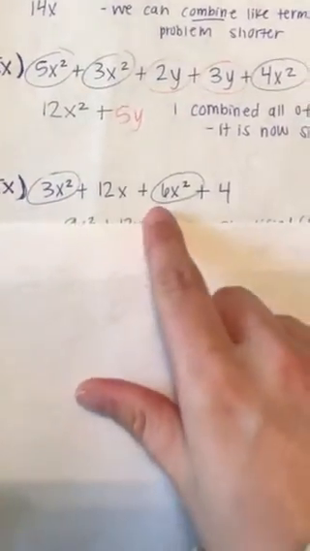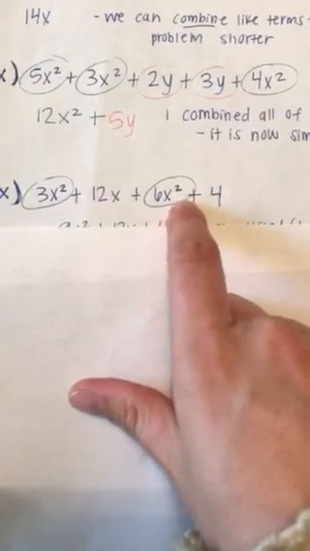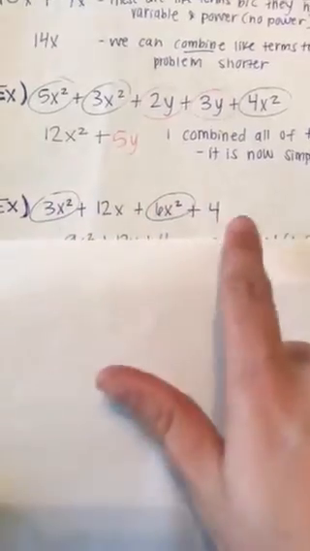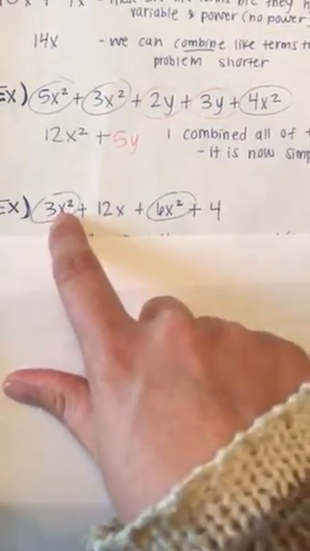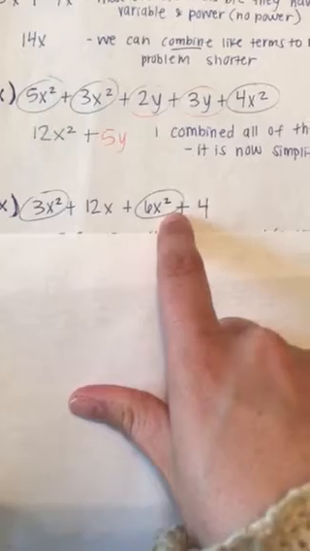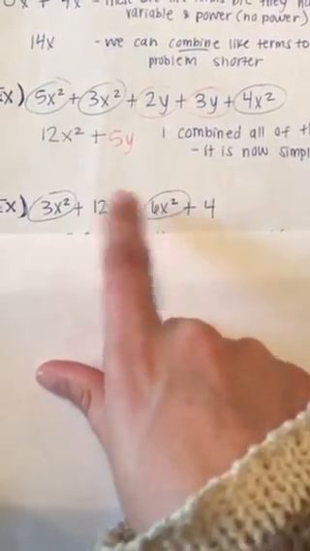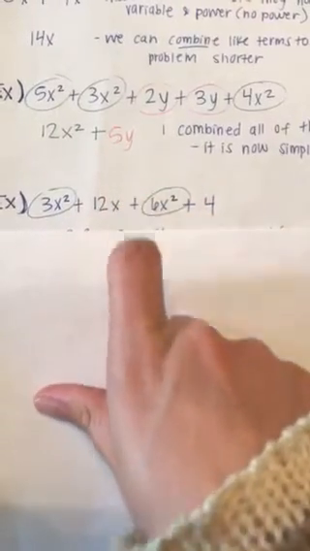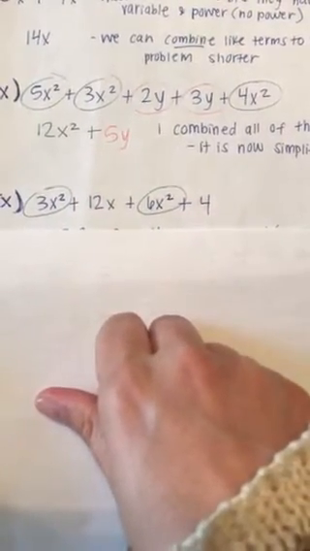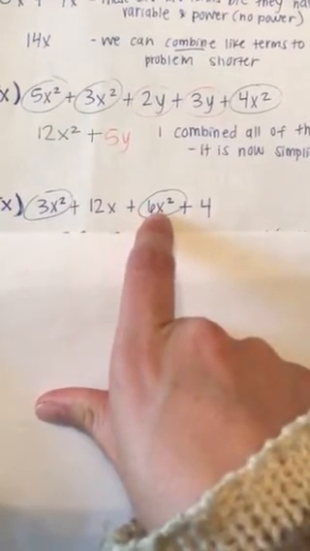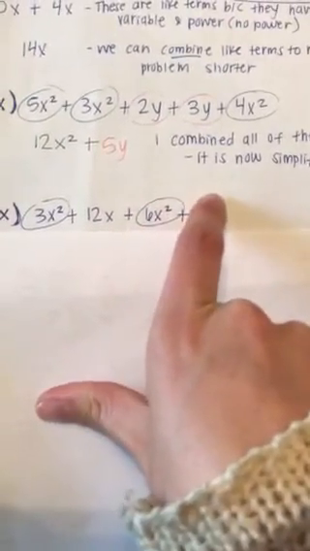Here's another example. 3x squared plus 12x plus 6x squared plus 4. The only like terms in this whole problem are 3x squared and 6x squared. This 12x can't be a part of these because it doesn't have a little exponent of 2. 12x is not the same as x squared.